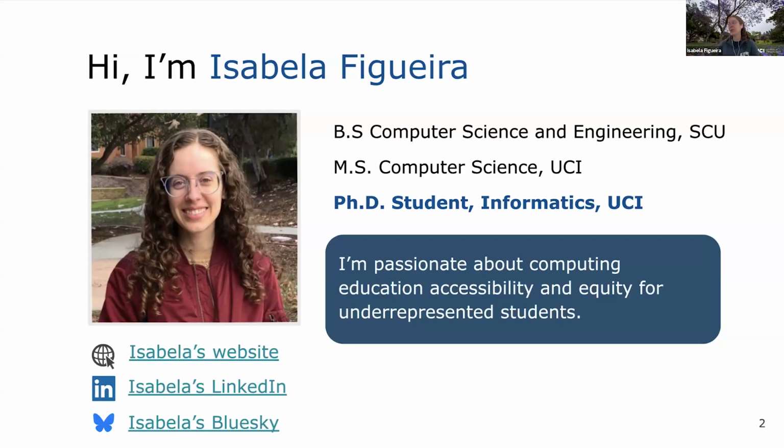And I put a blurb on the slide. I wrote, I'm passionate about computing, education, accessibility, and equity for underrepresented students. So my research is all about how we can make computer science education for high school students and college students more accessible for blind and low vision students specifically. That's my whole thing.